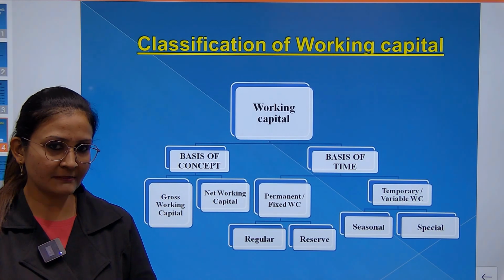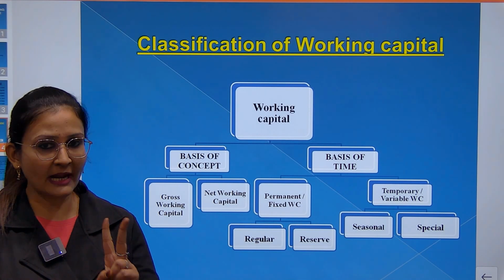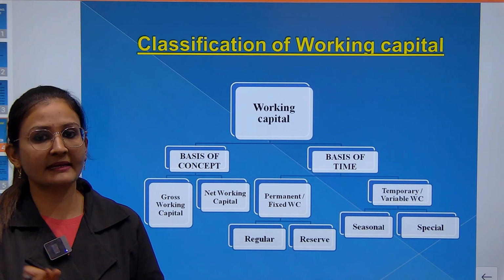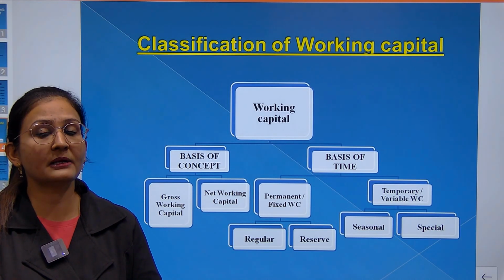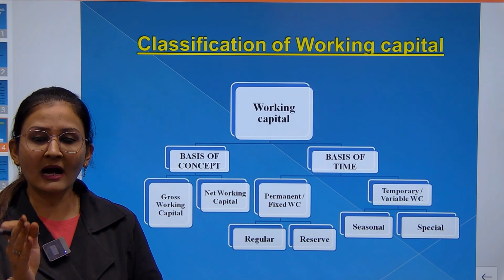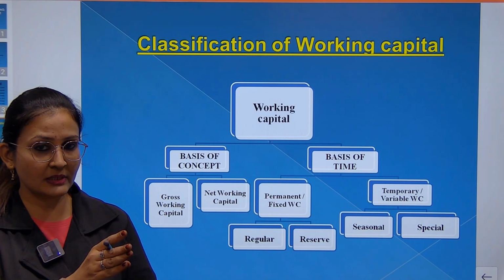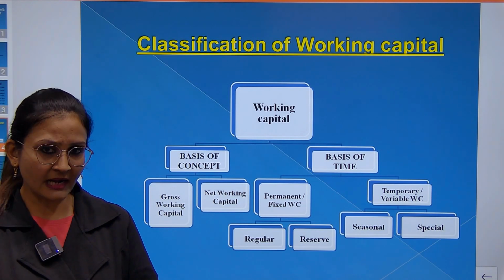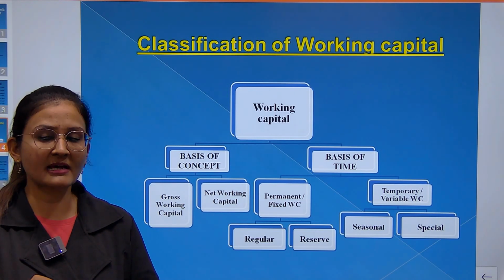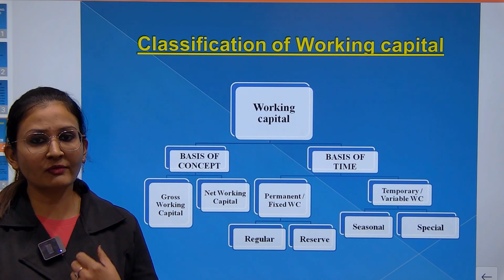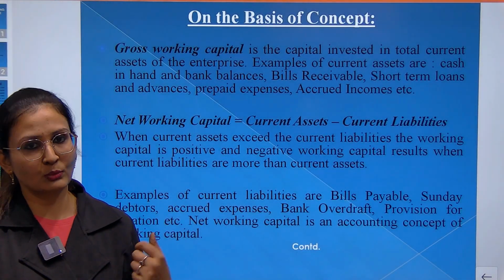On basis of time, it can be classified into two categories: permanent or fixed working capital and temporary or variable working capital. Under permanent, you can classify working capital into regular and reserve. And under temporary variable, again into two categories, seasonal and special. So we will see each concept one by one.